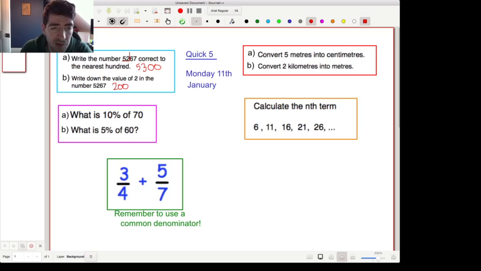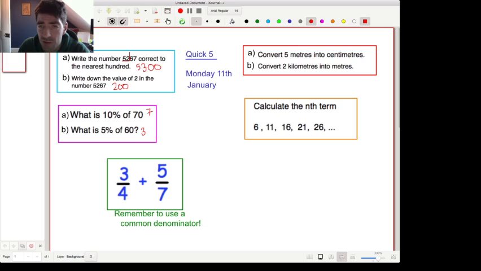Pink one here, what is 10% of 70? Well, 10% is 1/10, and a tenth of 70 is 7. And 5% of 60, well, 10% would be 6, which means that 5% would be 3. We're using the fact that 5% is half of 10%. Red one over here, convert 5 metres into centimetres.